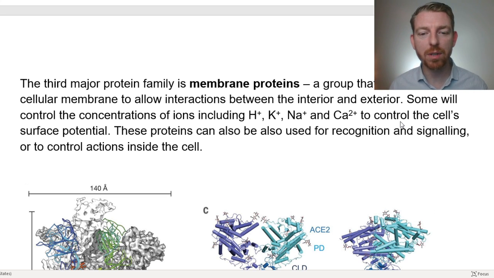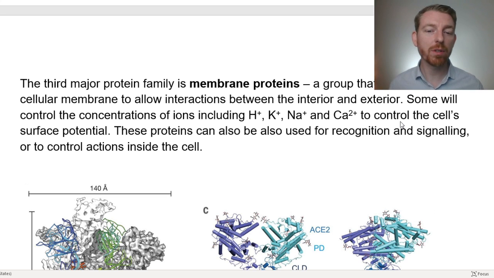We can change the concentration of potassium or sodium or calcium, and that actually works to function your nervous system, or to control your heartbeat, or to control the flexion of muscles. All of it is dependent on the control of ions into or out of different regions of the cell.